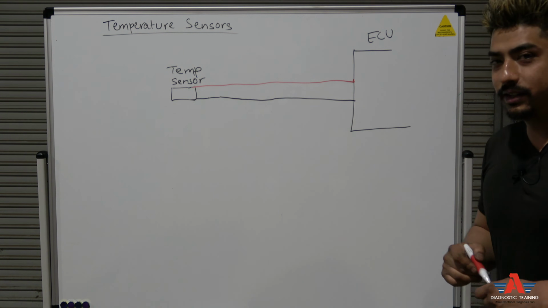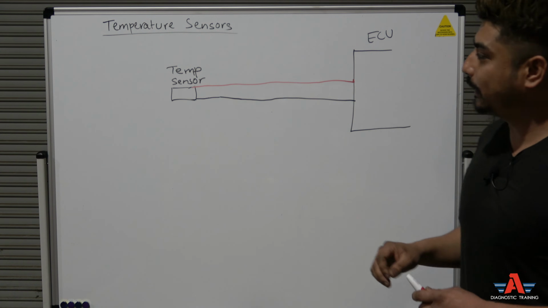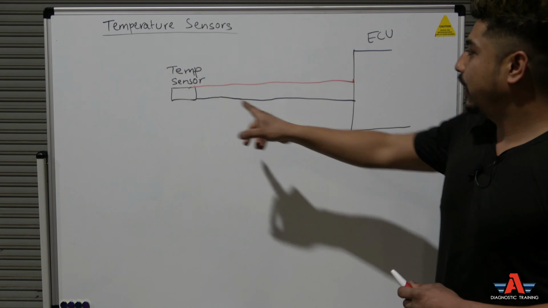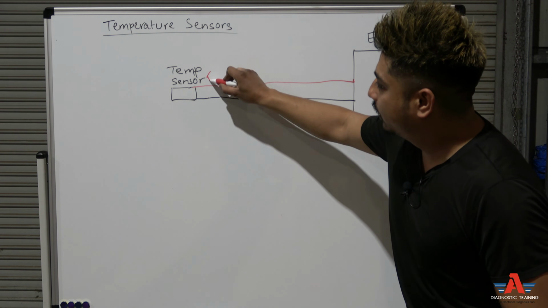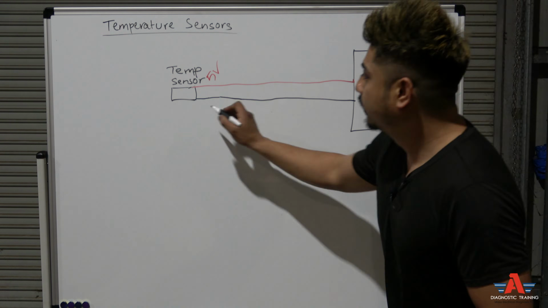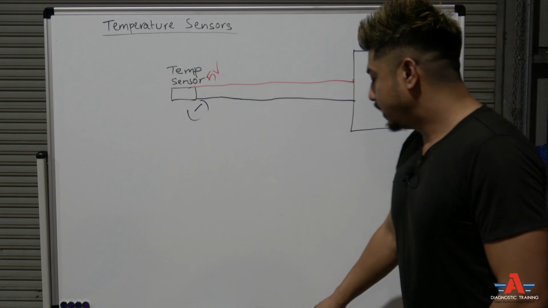When you look at the wiring diagram, when you look at the service information, this is what you're going to see typically. So what you're going to have is 5 volts on the one wire, and you're going to have earth, negative, on the other wire. That's how it works.